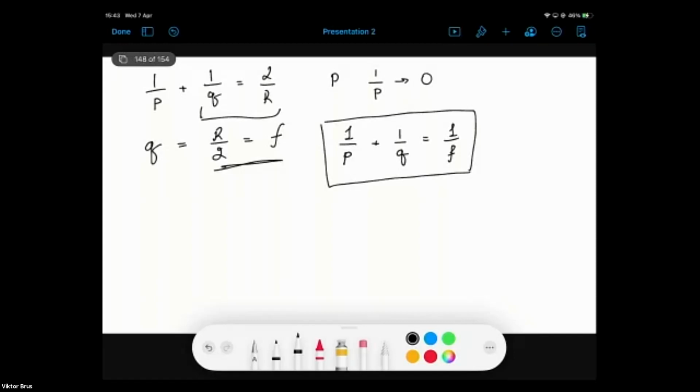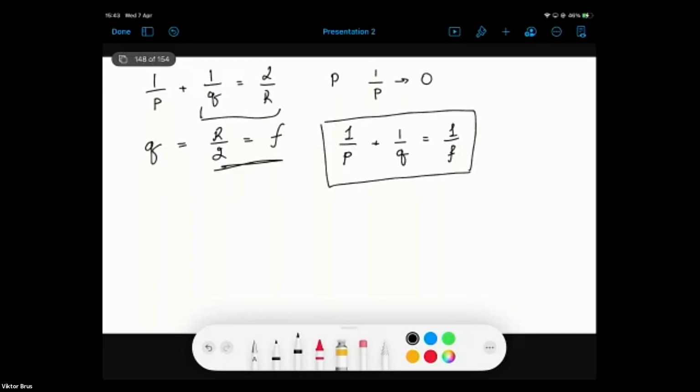So if we extend these reflected rays towards the interception, we will get the image of this top point of our object, and here will be the image of all our object at some distance q from the center of the mirror.